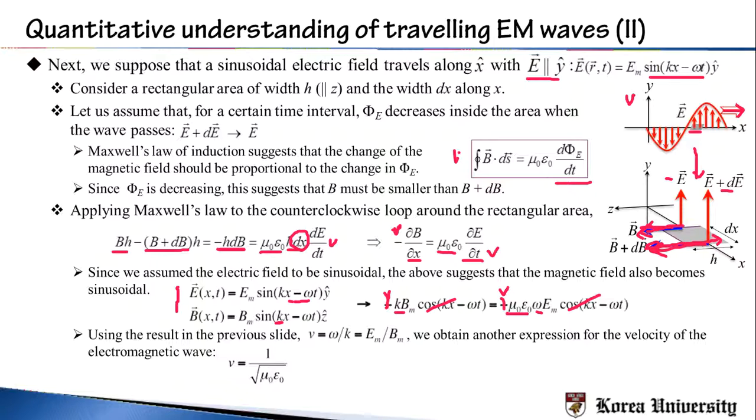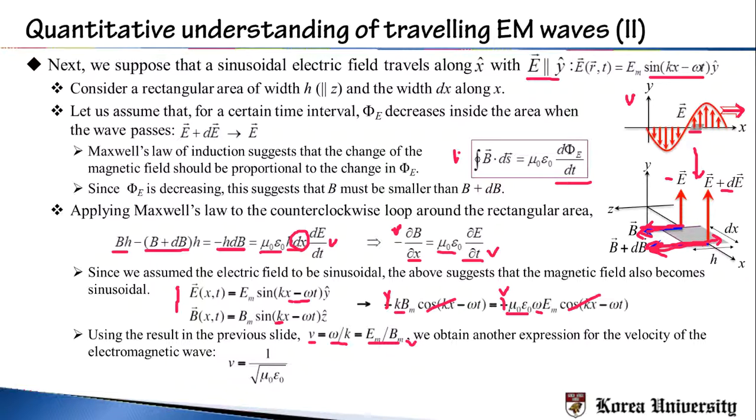What you get is again the ratio between omega and k. We already know from the previous slide that it is equal to the velocity of the traveling wave, and at the same time it was equal to the ratio between the electric field amplitude and the magnetic field amplitude. We had this in the previous slide.